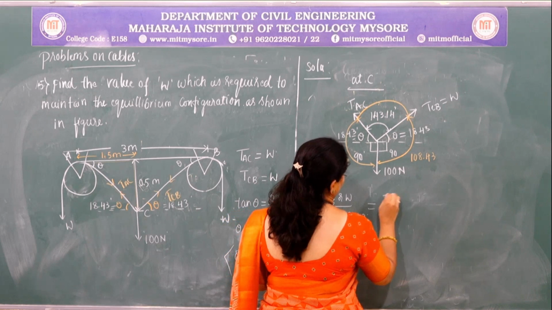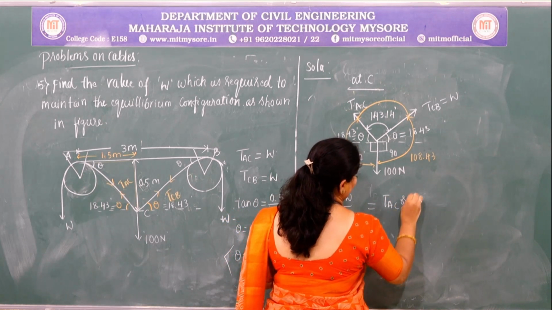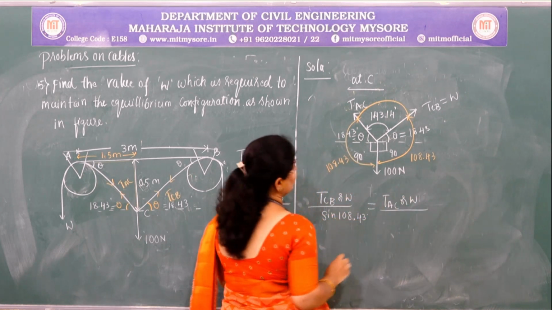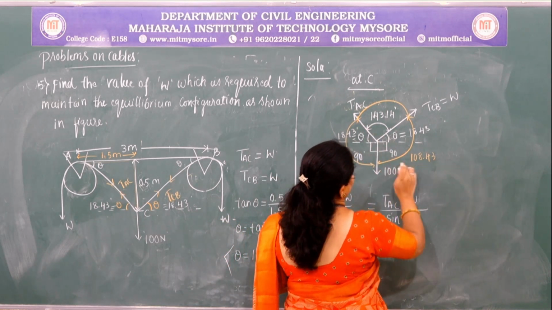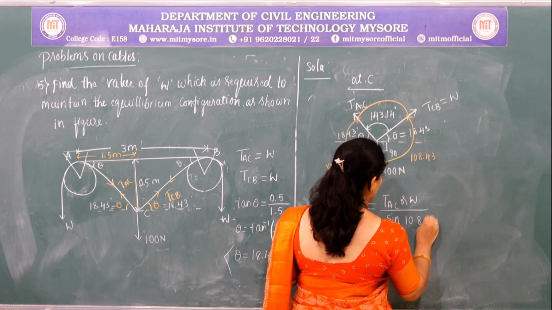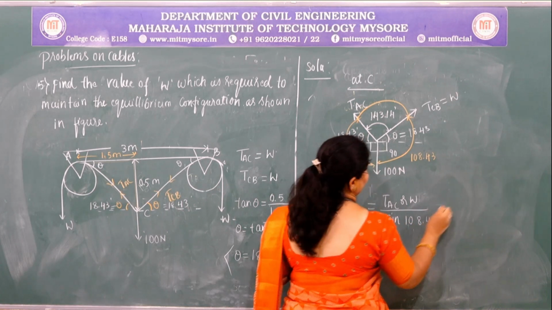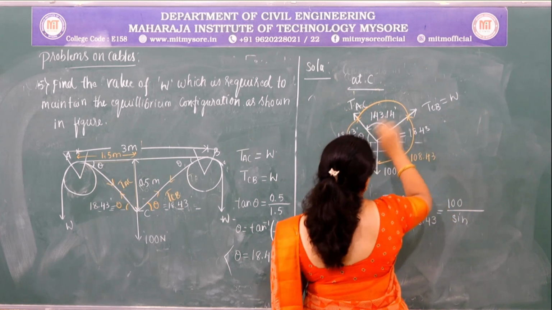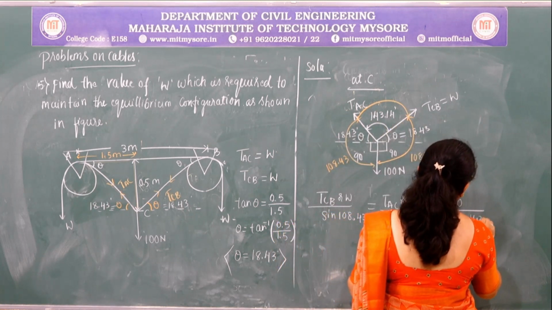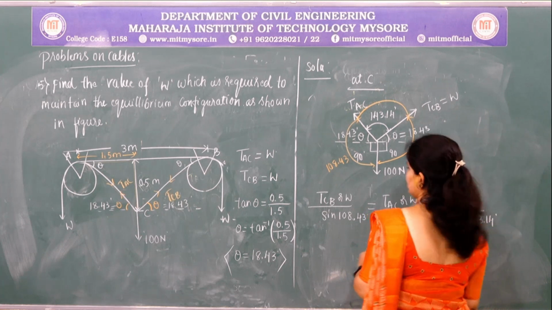Next one, TAC or W is proportional to sine of the angle between the other two, again 108.43. The third force is 100 Newton divided by sine of the angle between the other two, 143.14 degree.